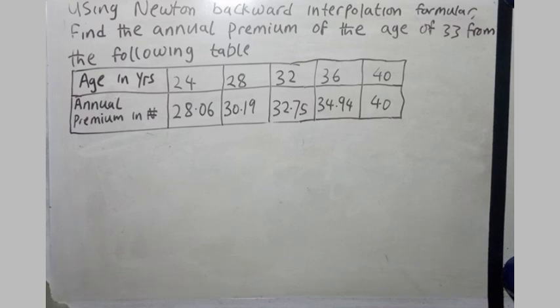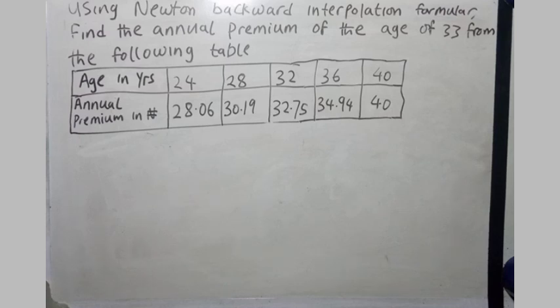The age is 28 when the annual premium is 30.19. At 32 years we have 32.7 Naira, at 36 years 34.94 Naira, and at 40 years 40 Naira annually.